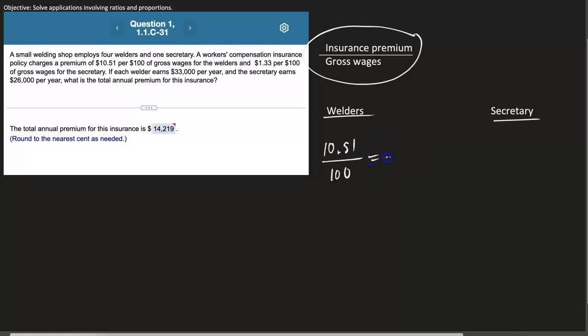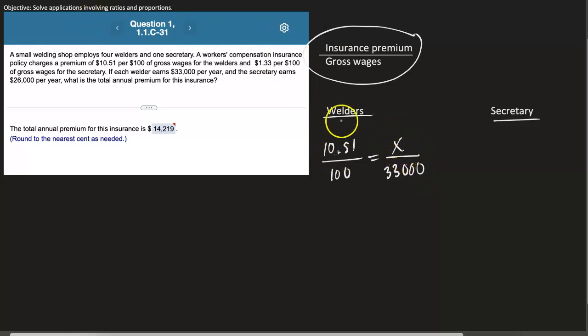Now I'm going to set that equal to another ratio in which I do know the gross wage of the welder. I was told that was $33,000, but I do not know the total amount of insurance premiums for that welder compared to their annual salary. So I'm going to let that be X.